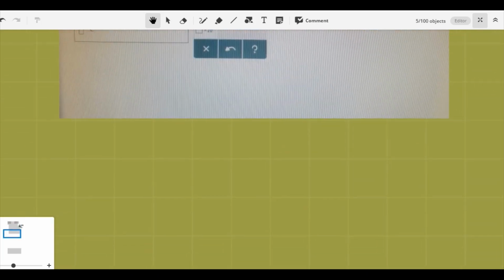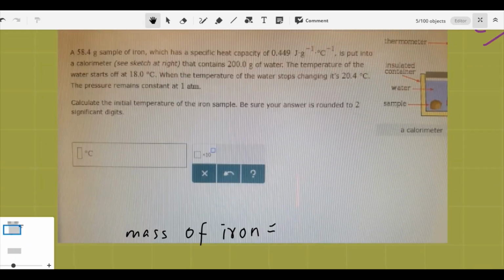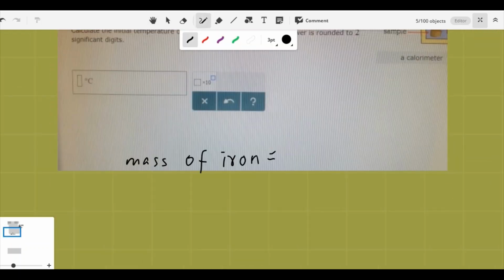So here we have first the mass of iron, that is equal to 58.4 grams.